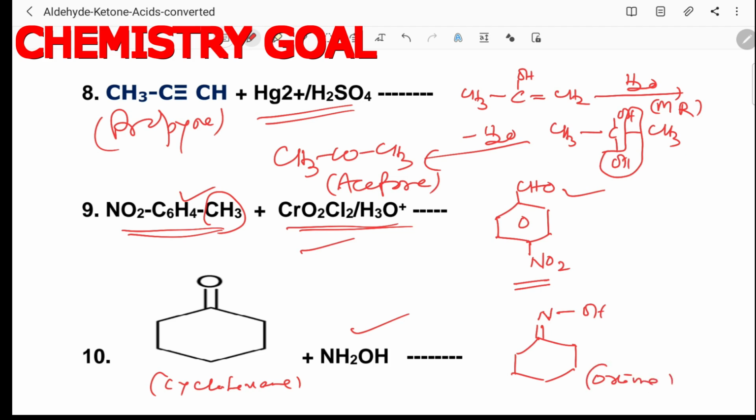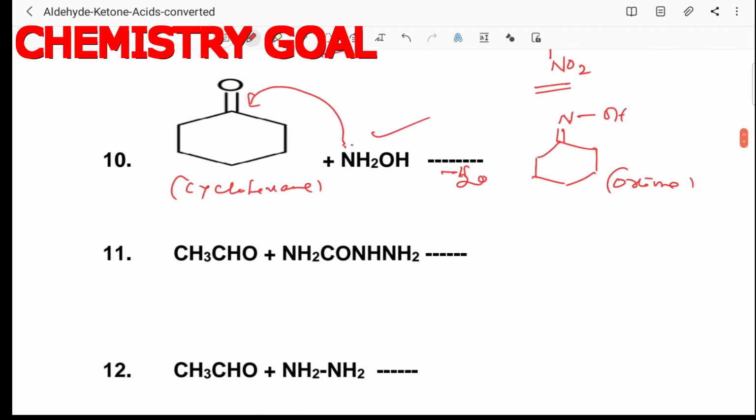Already we know, when aldehyde or ketone reacts with hydroxylamine, the product is oxime. Here the structure is the same, only loss of a water molecule takes place and formation of the double bond to NOH. Here this acts as a nucleophile, it attacks, and forms oxime. So this is a very important reaction.